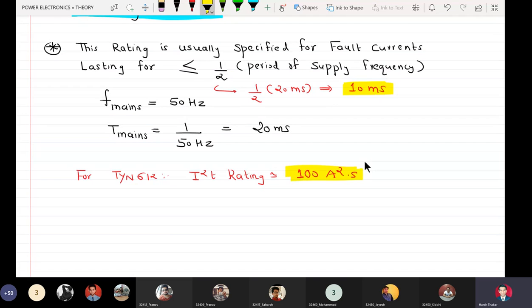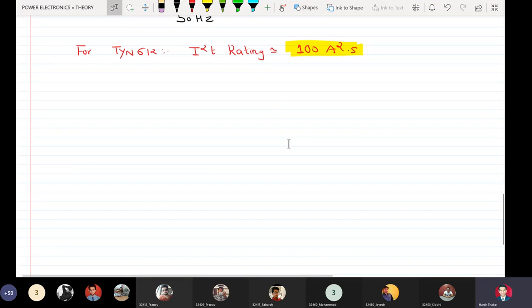Okay, now we go to the next important rating called the di by dt rating, and then we will also see from the data sheet what the data sheet values of this rating are for our standard SCR.